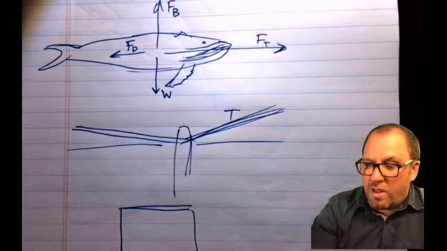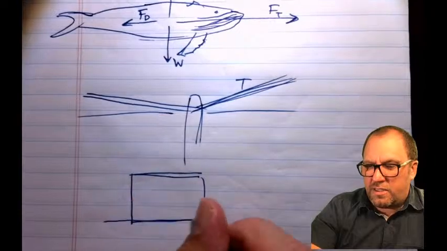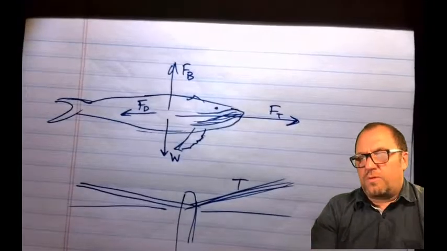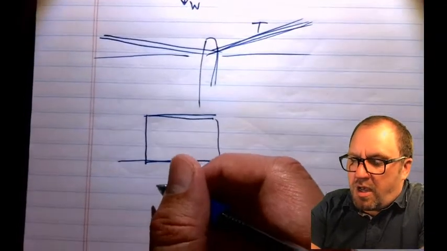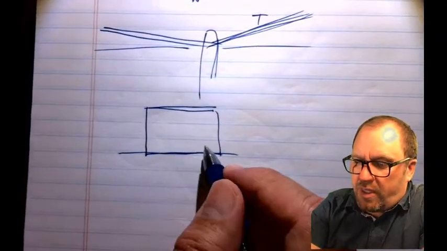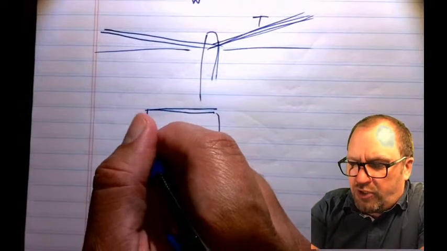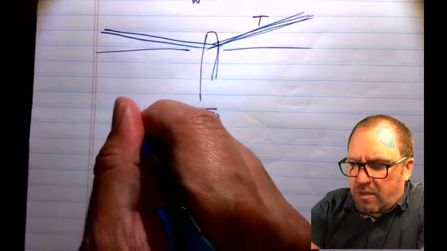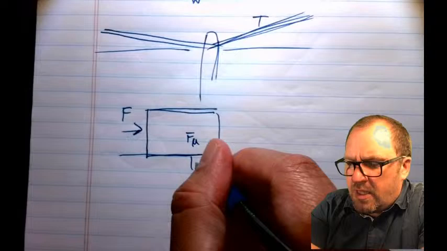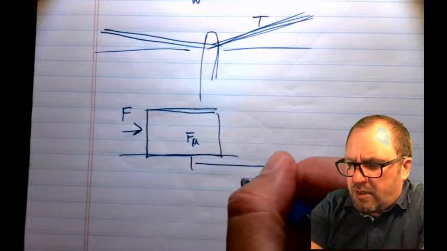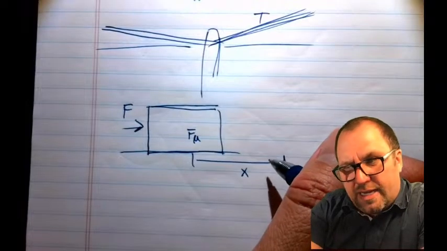Let's just do it with the crate. So here is my crate, and if I push my crate with some force here, and there's some force of friction pushing back on me, and I know the distance here, here's X, how do I find the work? How much work did I do?